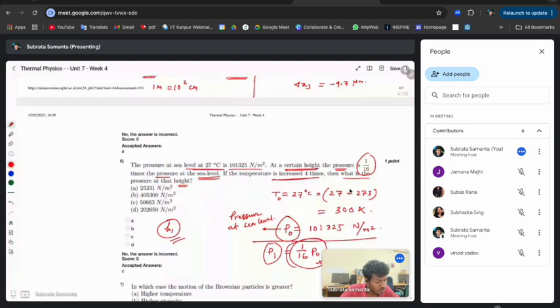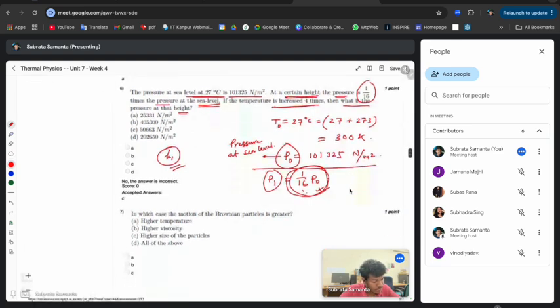That means how does this number, P naught over 16, change when the temperature increases 4 times? So how to compute?